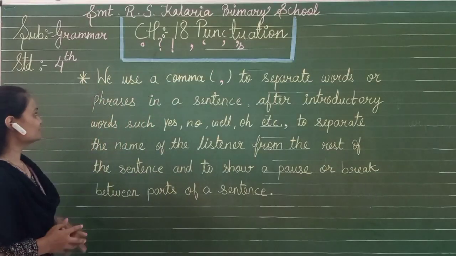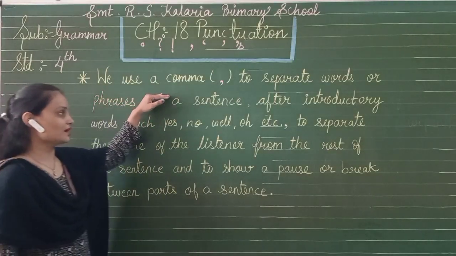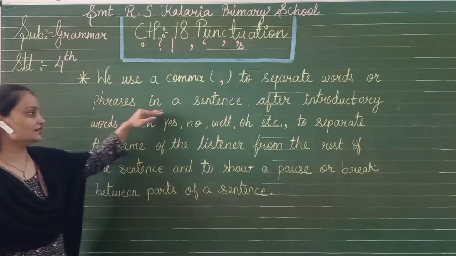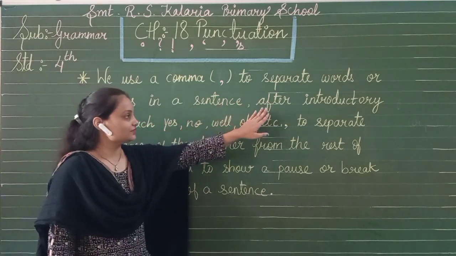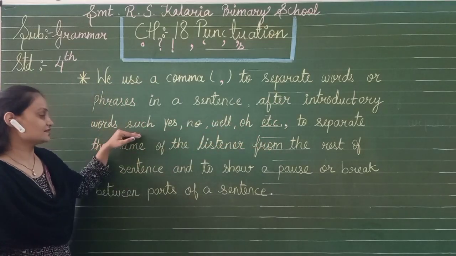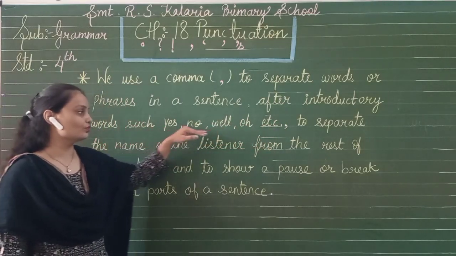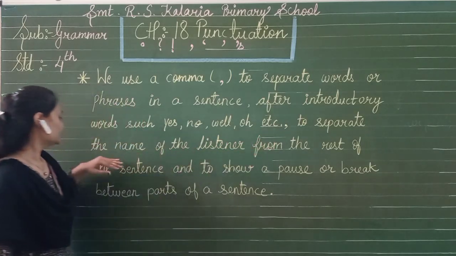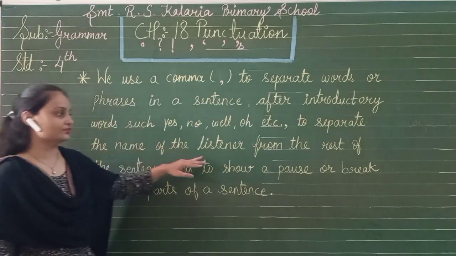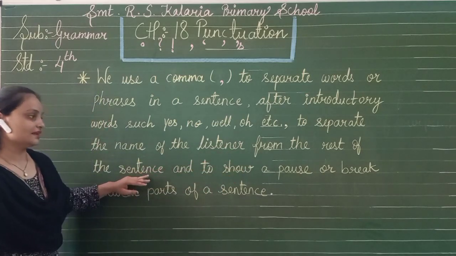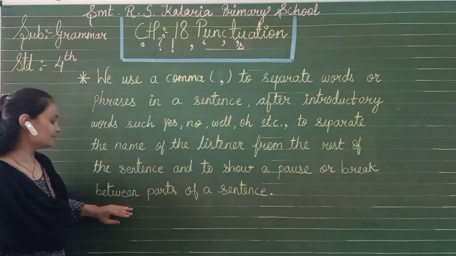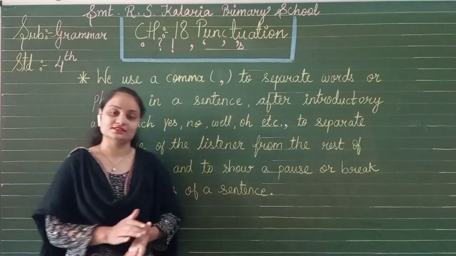Now the next point is we use a comma to separate words or phrases in a sentence: after introductory words such as yes, no, well, oh, etc., to separate the name of the listener from the rest of the sentence, and to show a pause or break between parts of a sentence.